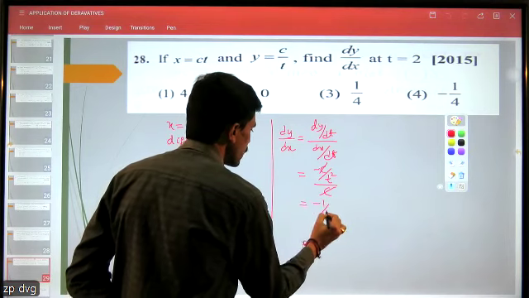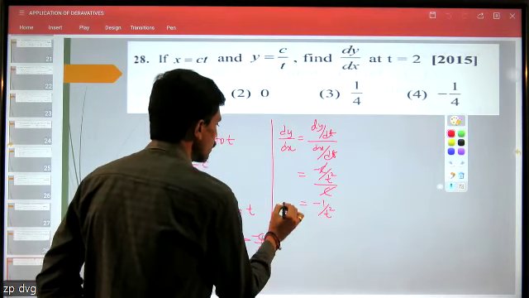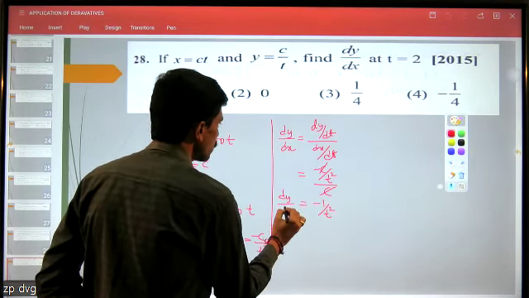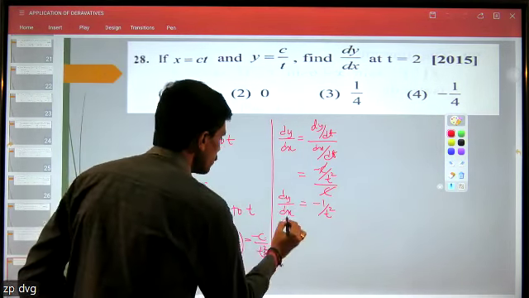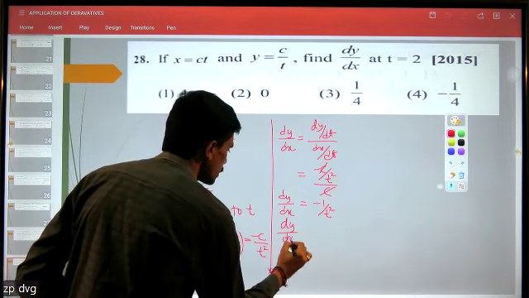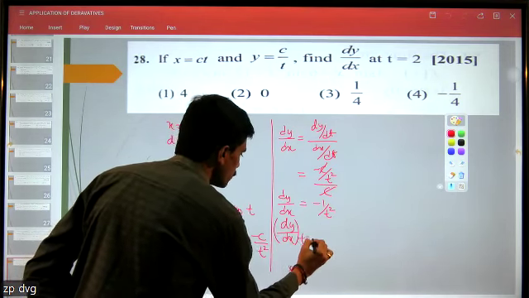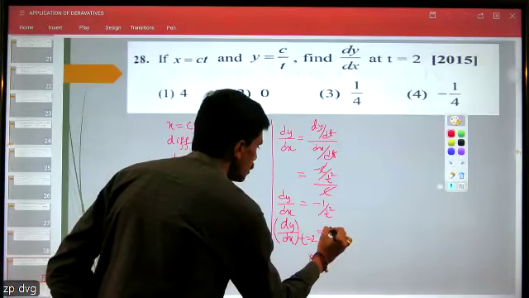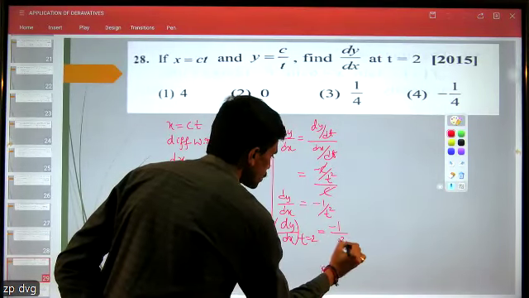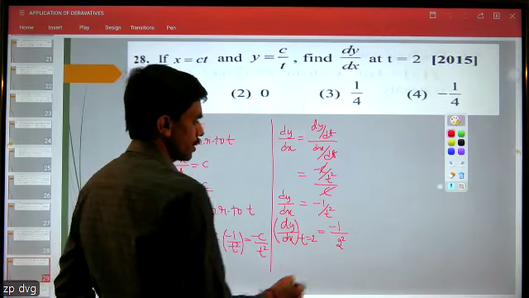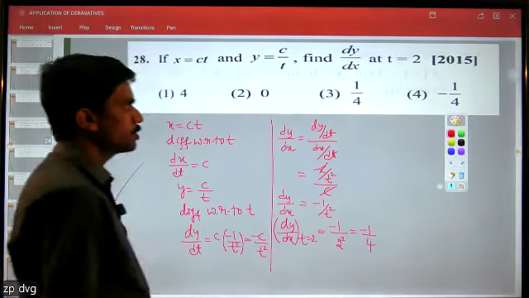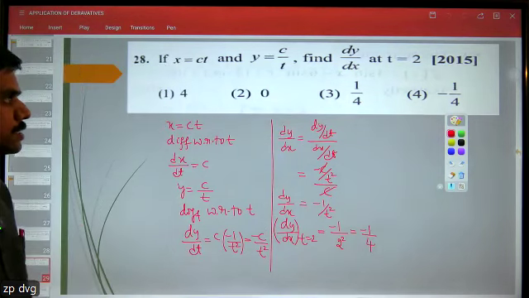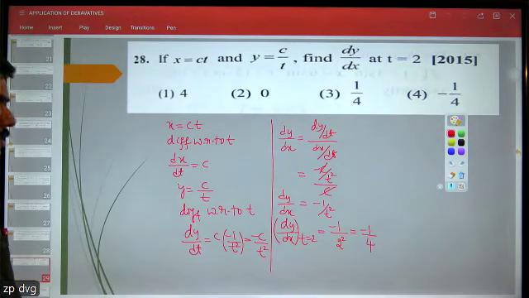We get minus 1 by t square. If we substitute t is equal to 2, dy by dx at t equal to 2 is equal to minus 1 by 2 square, so we get the answer minus 1 by 4. The correct answer is option 4, that is minus 1 by 4.